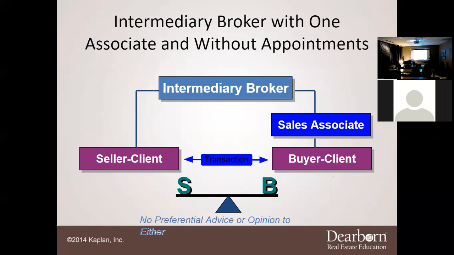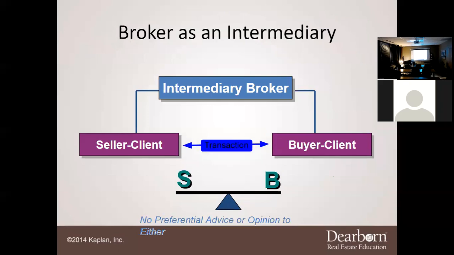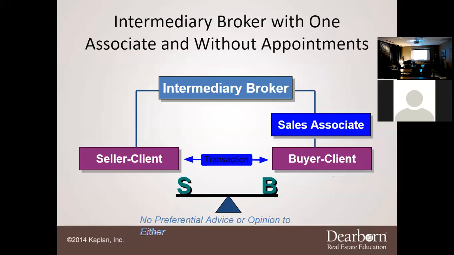Nope. Even though, Mr. Eugene, you're a sales agent, you know a bunch, you can't tell Ms. Davenport anything? No, because the fact is, who's the listing with? Still with the intermediary, the broker. So in that situation, a sales agent can never go up against their broker. So again, this previous one we just talked about just rolls over here. Same thing. All we're doing is just adding one more person to the mix.